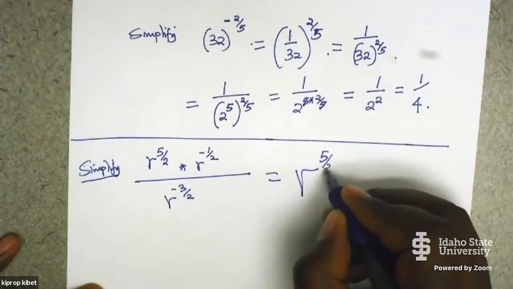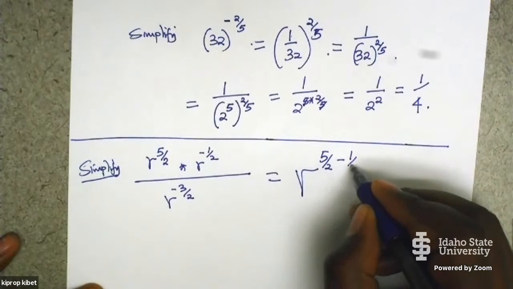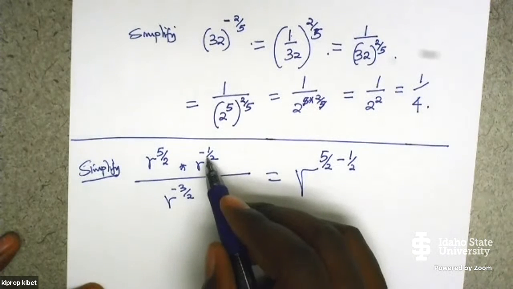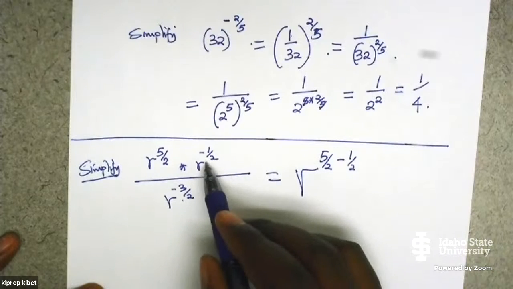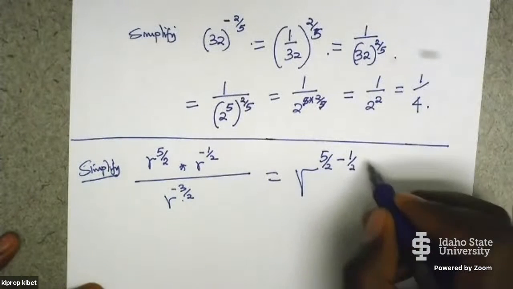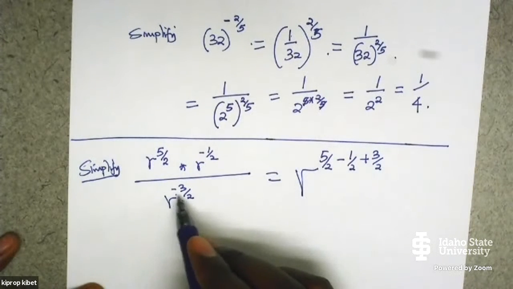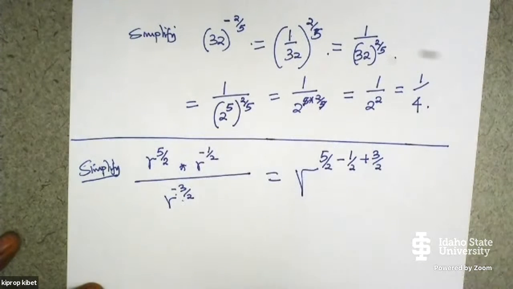So 5 all over 2 plus 1 over 2, which would be -1 over 2. Bring this one up here. It becomes what? Positive, right? So when you bring this one up here, it becomes plus one. Since it was negative, when you bring it up, it becomes plus.